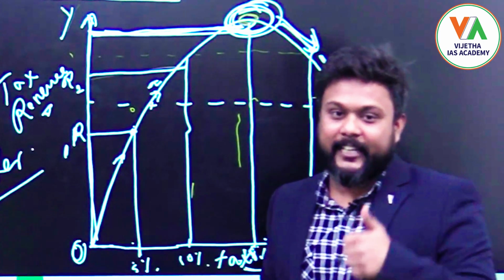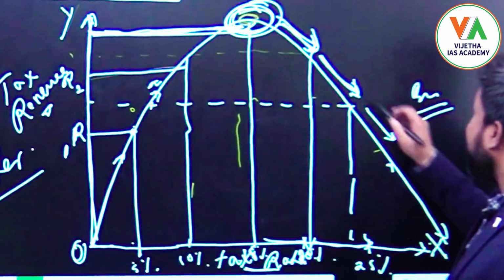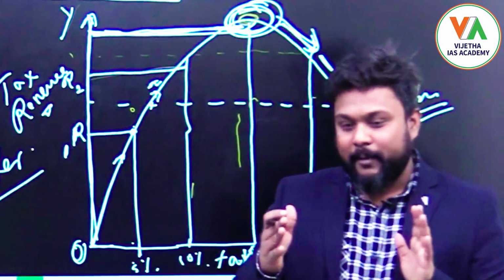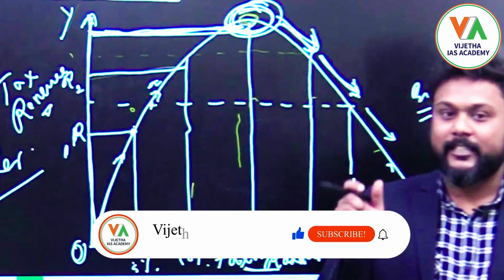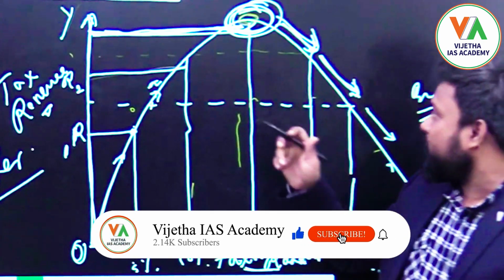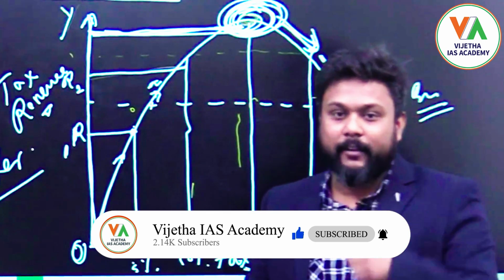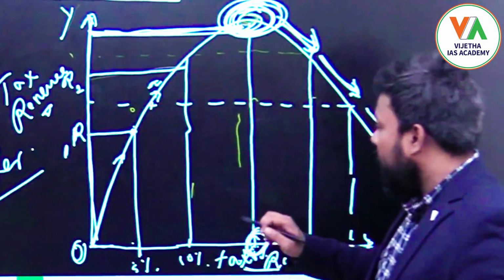At this point, it becomes difficult for these households or businesses to pay taxes to the government. So this curve establishes the relationship between tax rate and revenue collected out of this tax. So there must be an optimum rate where the government gets the maximum revenue.